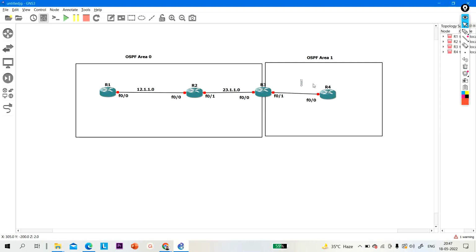Here I am running network 34.1.1.0/24. And we have some loopbacks. I am configuring OSPF, but I have a lot of questions for you from ESERP as well.